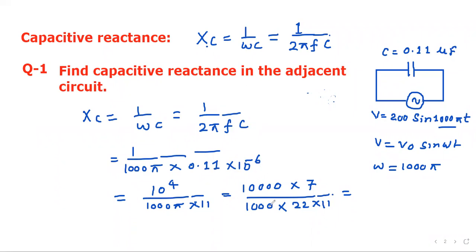When this becomes 11, the power will increase by 2, so it should have been 10 power 8. So instead I must have written it as 10 power 8 into 7 divided by 1000 multiplied by 22 multiplied by 11. And if we evaluate it, we will get 3142 ohm.